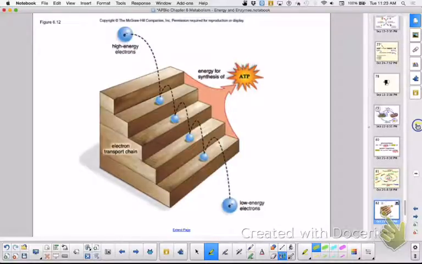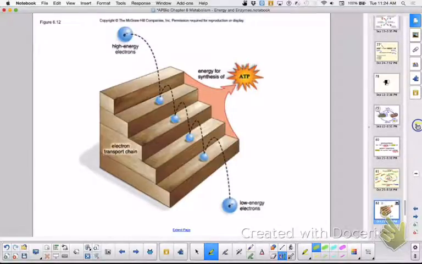Electron transport chain. Chemiosmotic. I'll fix it later. Electron transport chain. That'll be good for now. Okay. 0% uploaded. All right. Look at this right here. Okay. Oh yeah, we're still recording here.